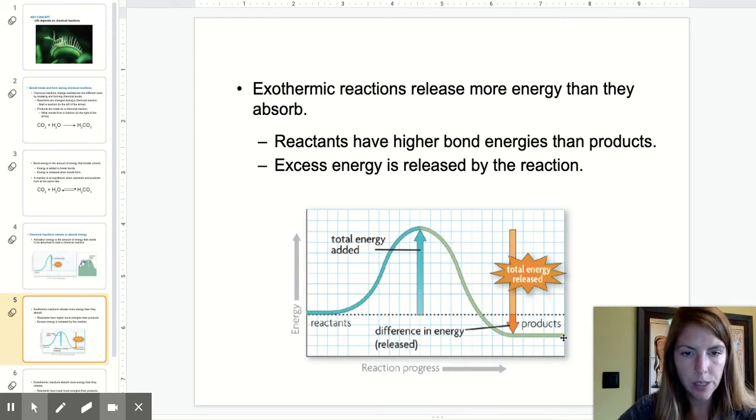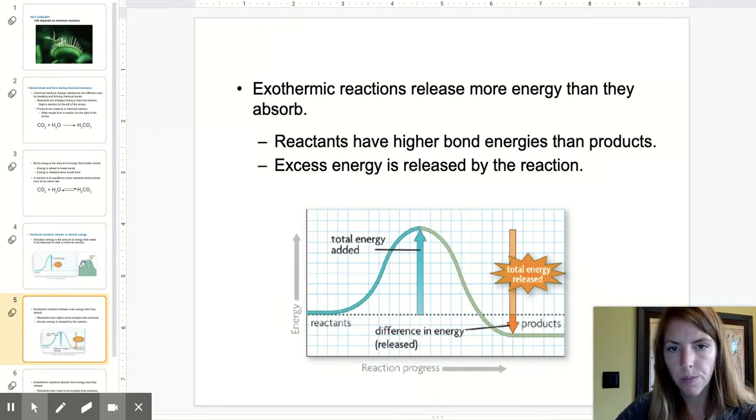And notice, if we carry this line over all the way to the products, energy is released. The amount of energy in the products is less than where we started in the reactants. So exothermic reactions release energy.